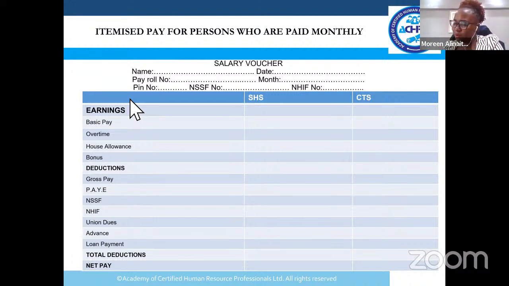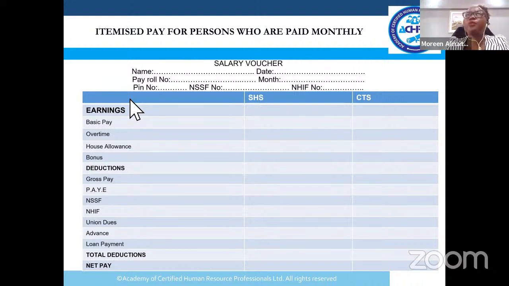Because the rules say paternity leave shall not exceed an aggregate of 2 weeks in any 1 year. That is what the rules provide. So it provides for 2 weeks, just like maternity leave.